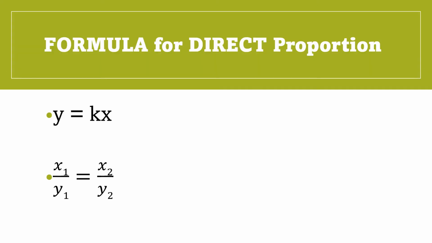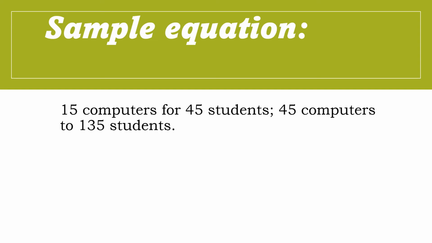The formula for direct proportion is y is equal to k times x, or x sub 1 over y sub 1 is equal to x sub 2 over y sub 2. Sample equation for direct proportion. So we have here 15 computers for 45 students and 45 computers to 135 students.